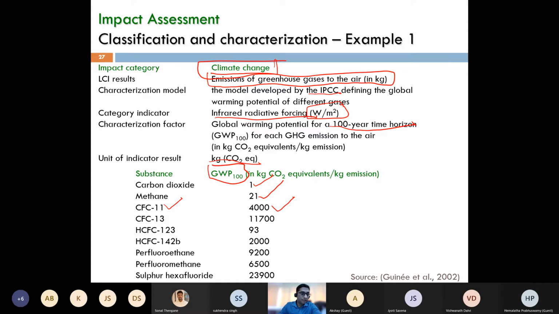And if I am talking about sulfur hexafluoride, 1 kg is roughly 24,000 kgs of CO2. So if I release 1 kg of sulfur hexafluoride into the atmosphere, it's equal to releasing 24,000 kgs of CO2. All of them we are normalizing in terms of CO2 equivalent.